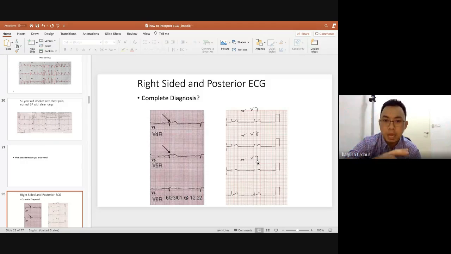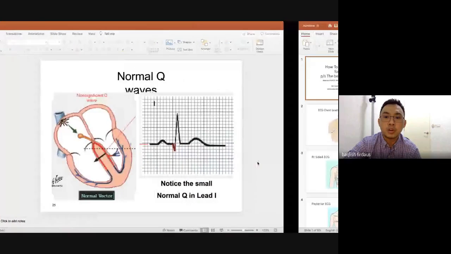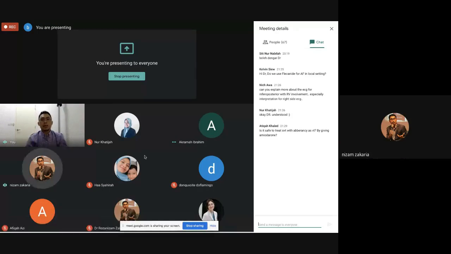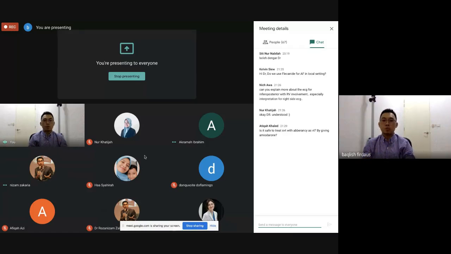So usually inferior posterior MI with RV involvement occurs in proximal RCA infarction or proximal circumflex infarction, depending. Because in our coronary arteries, there will be some people who have right dominant or left circumflex dominant systems. So usually inferior posterior MI with RV involvement occurs in patients with left dominant, circumflex dominant coronary artery and the proximal circumflex.